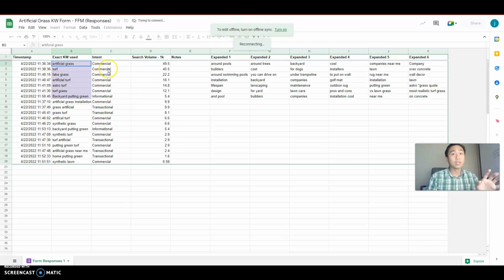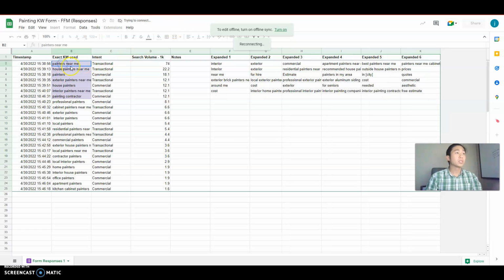I already did the legwork. Some people call it turf, some people call it fake grass, some people call it artificial turf, whatever, right? So what you want to do is find the most common one. Like, for example, the painters one. Painters is actually the most commonly used term. There's no other way of people saying this.